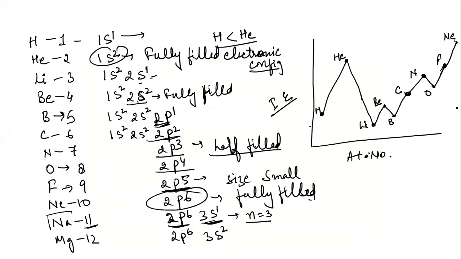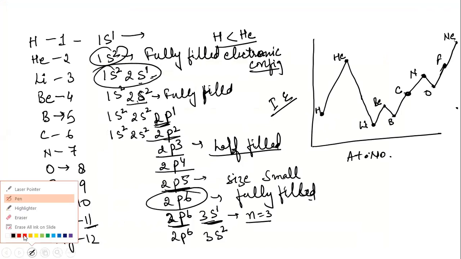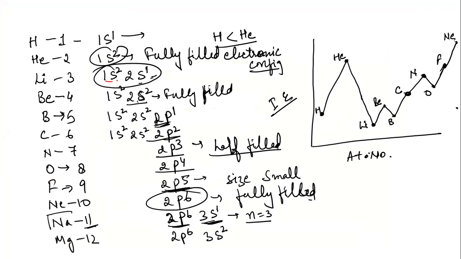Okay, see, I will choose red color now. Lithium is 1s2, 2s1. Now, the electron is added in the second shell. Ionization energy decreases as the number of shells increases. From helium, it will now decrease.